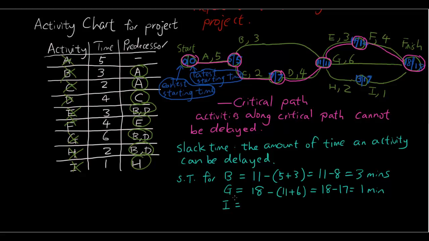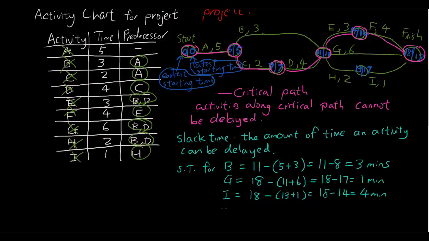Now, what that means is we have 18 minus 13 plus 1, which is 18 minus 14, which is 4 minutes for I. Now that is assuming that we're starting I on the 13th minute. Alright, because we start on 13th minute, 13 plus 1 is 14. We therefore have 4 minutes to go until the finishing point.